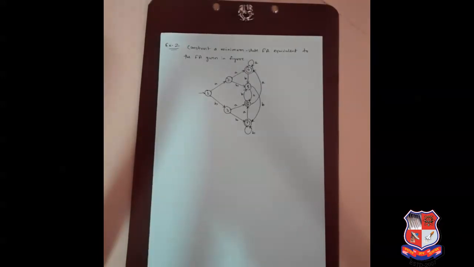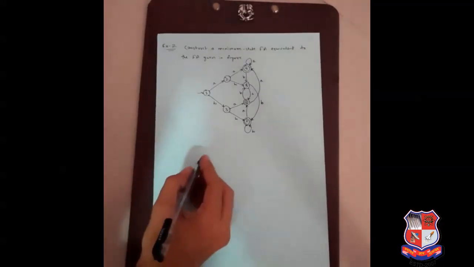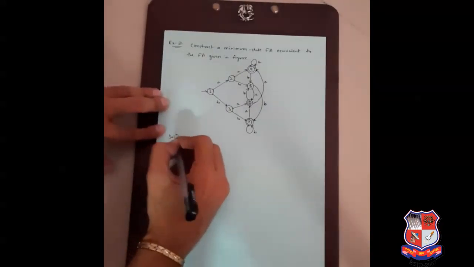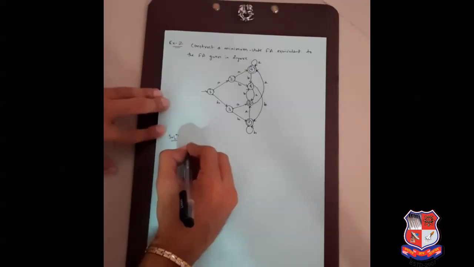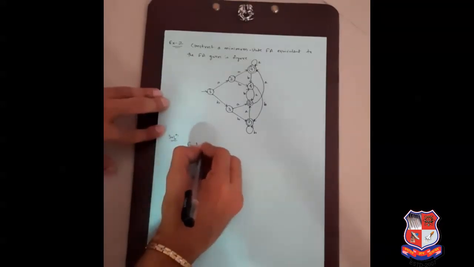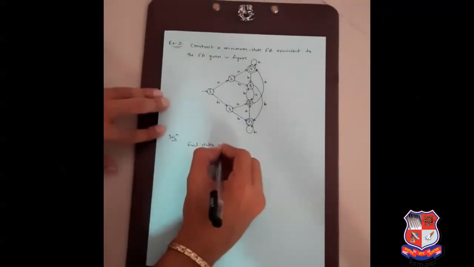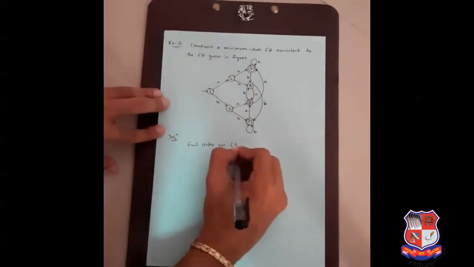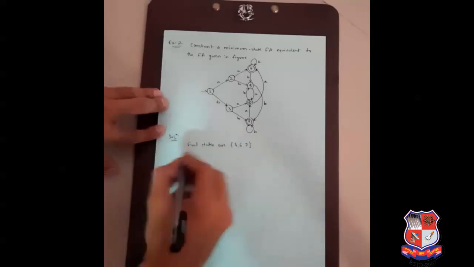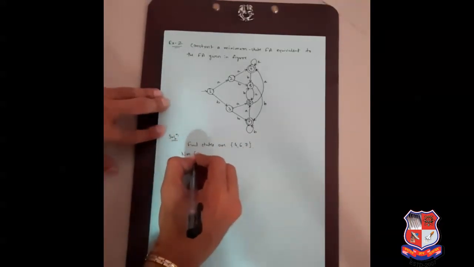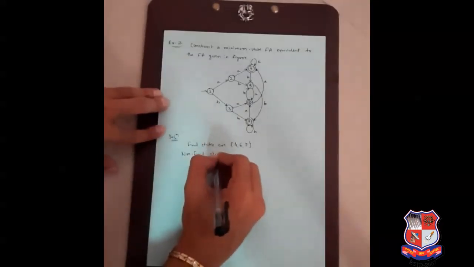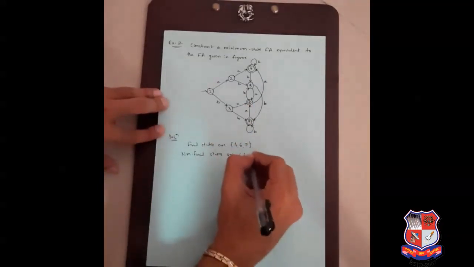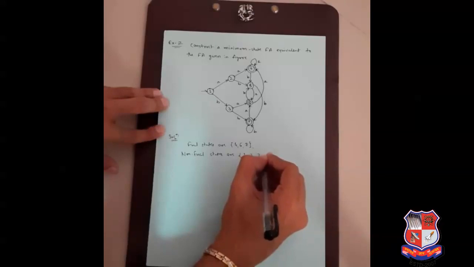Now we are going to start this solution. We will follow the same steps here. First, the final states are 4, 6 and 7. Non-final states are 1, 2, 3 and 5.